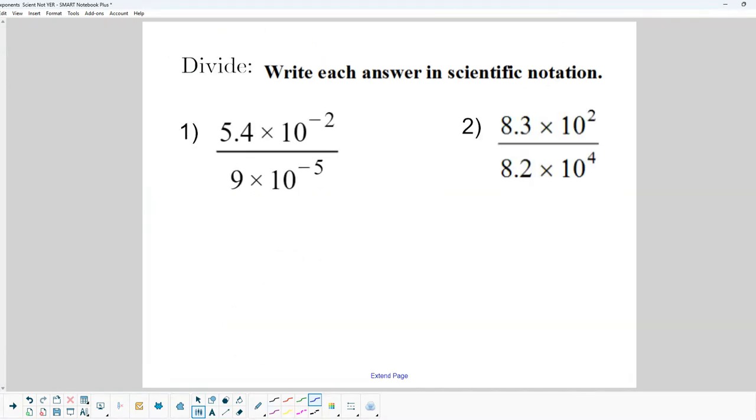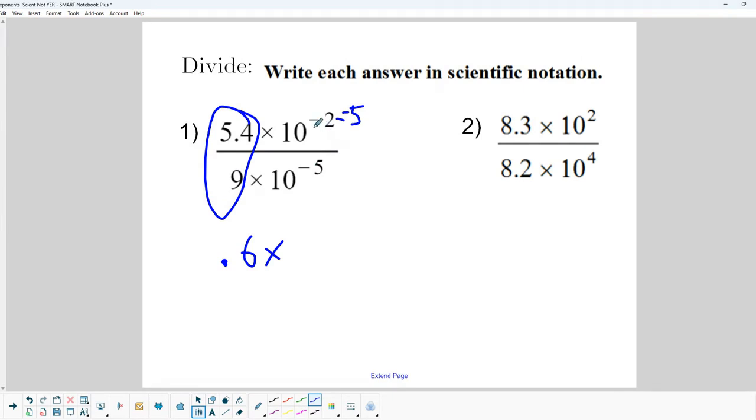All right, and then we talked about dividing exponents with the same base. So to do that, we divide the two coefficients. So 5.4 divided by 9 is actually 0.6. And then we subtract the bottom exponent from the top one.